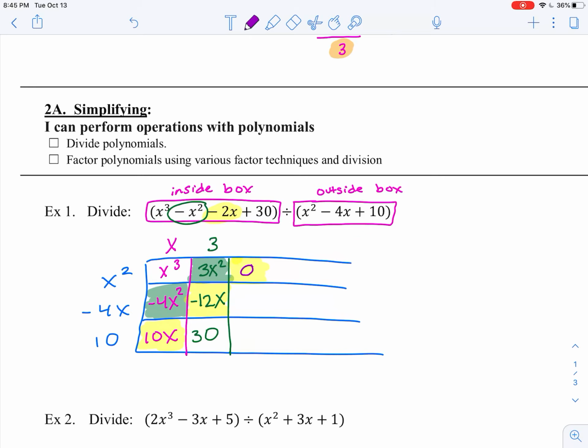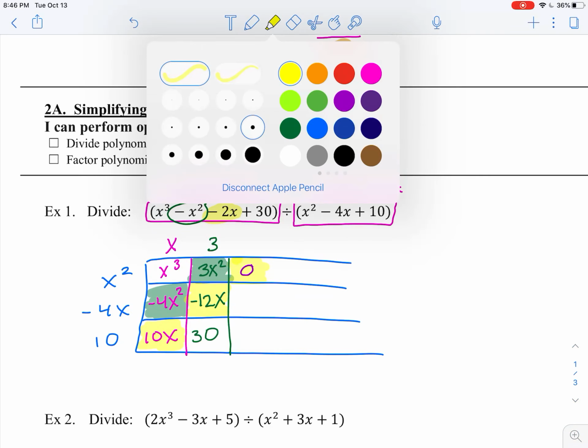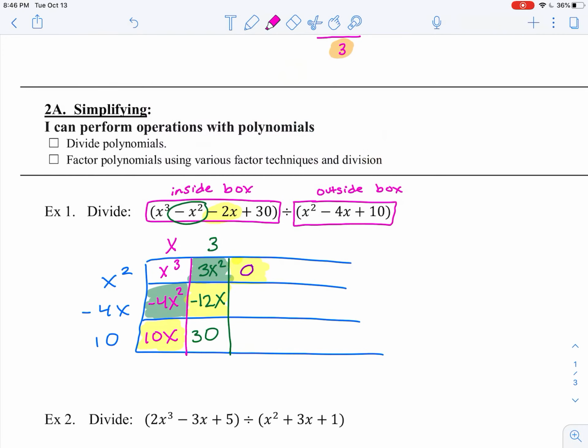And then when I look at the very last grouping, I know that this will combine with this, and if I ask myself, well, what needs to go here so that I get this last term of 30? Well, again, nothing. I don't want anything. I already have 30.